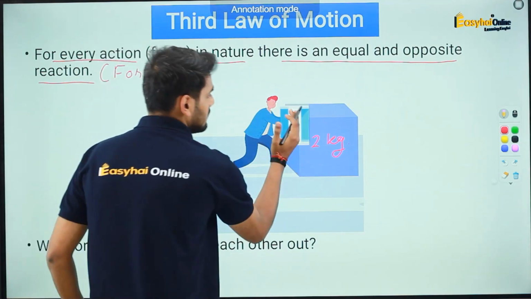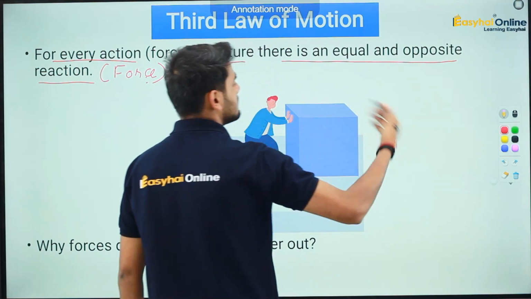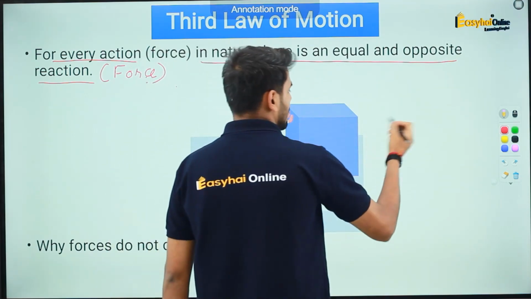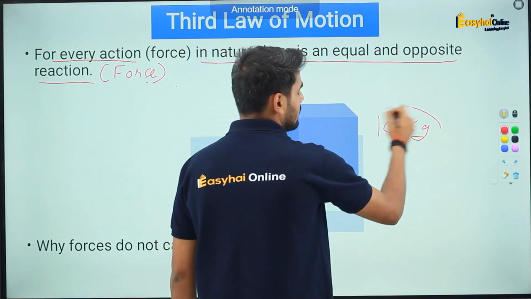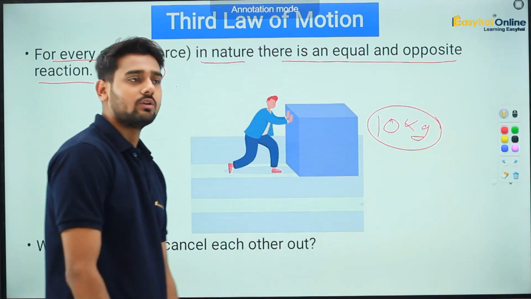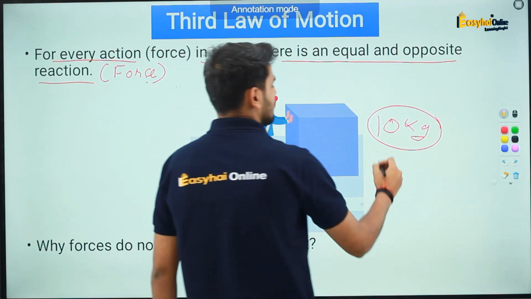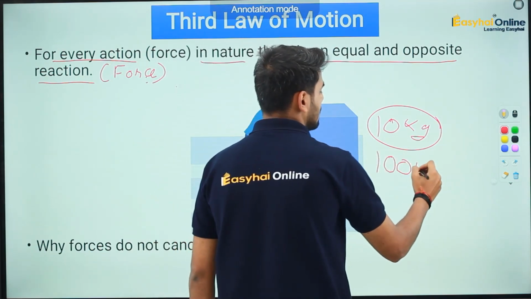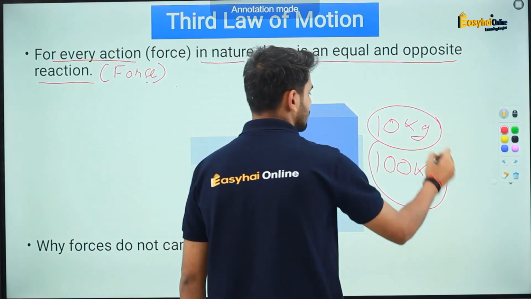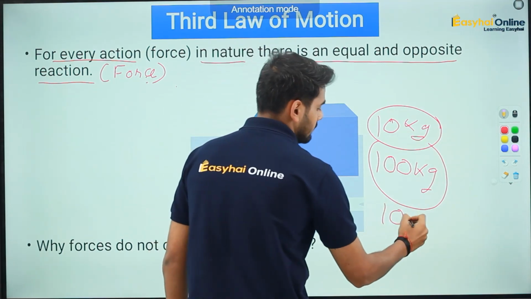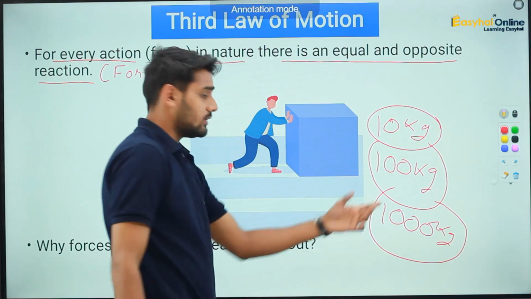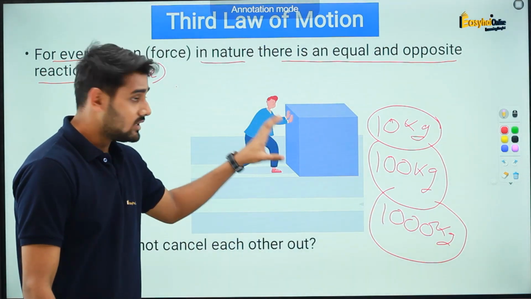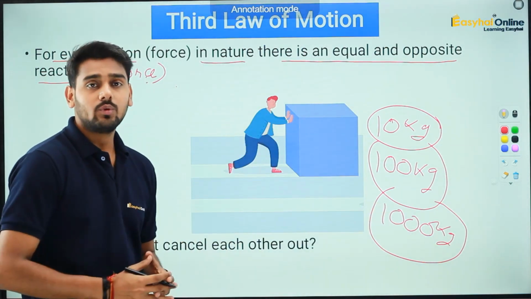But let's say the weight of the box keeps increasing. Initially it was 2 kg, now it is 10 kg, so he will have to put in more and more effort. Later on, the weight is 100 kgs, maybe later 1000 kgs. Now tell me, when the weight is 1000 kg, is it very easy for the boy to move the box?